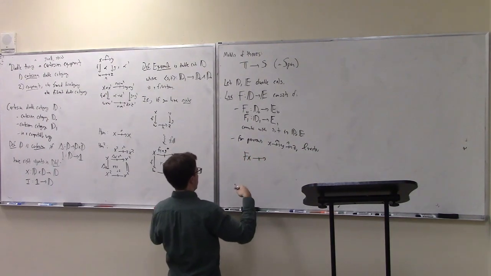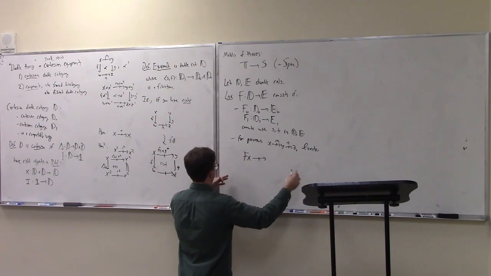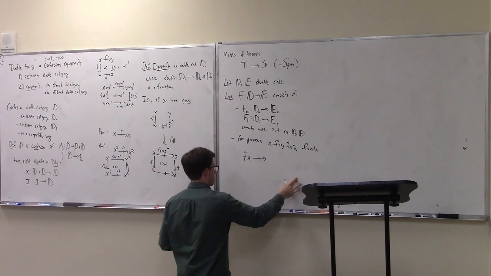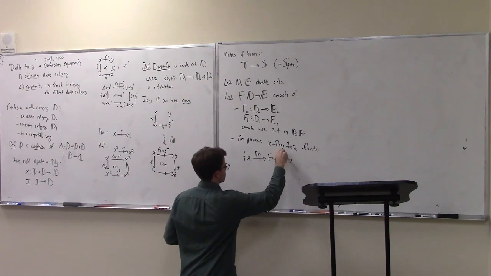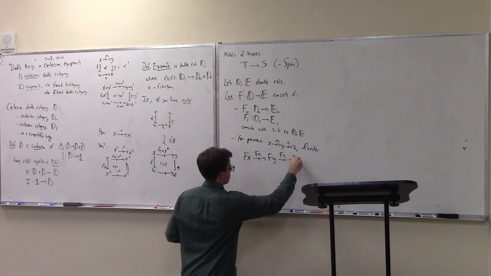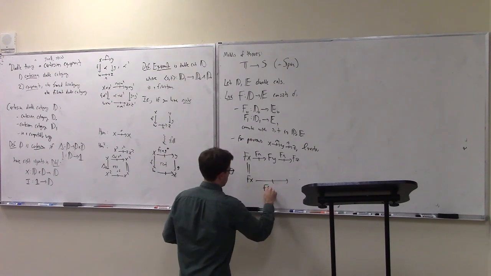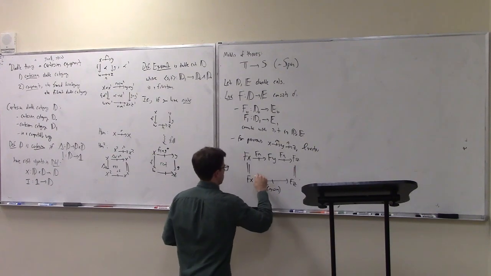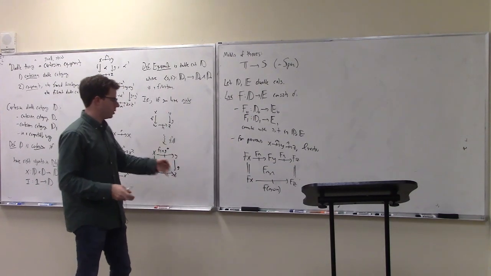So rather than just saying that it's directly associative, rather than saying that it's strictly functorial in the horizontal direction, you instead just get a comparison cell. And if you've seen the definition of a lax monoidal functor, this is a generalization of that.